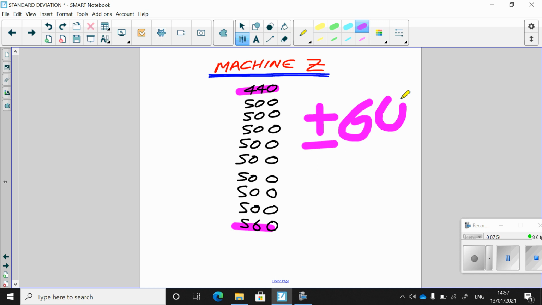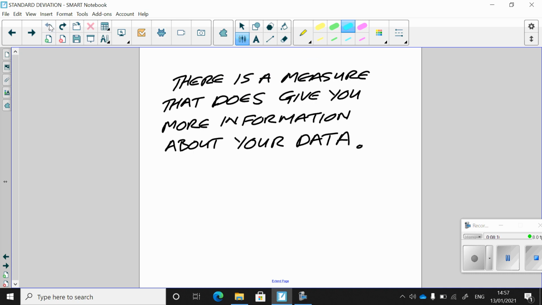So that's quite extreme there. That's a lot greater than plus or minus 29 that we had for machine B. And what you might also notice, see the rest of the numbers? They are bang on the mean. So just looking at the mean and the range, it doesn't tell us everything.